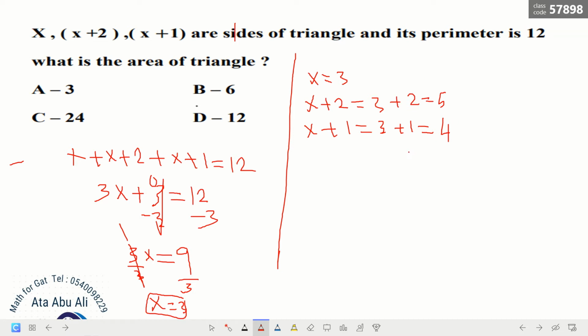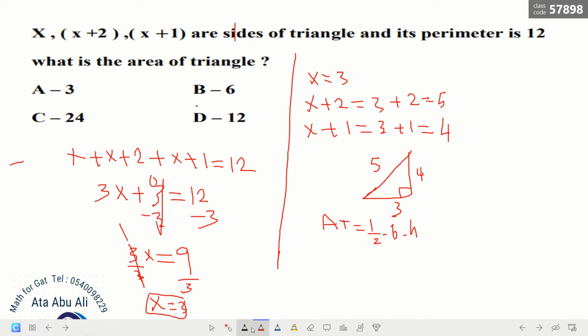That means it's a right triangle. So here, suppose this is 3, and this is 4, and this is 5. Now, the area of a triangle is equal to half times base times height.